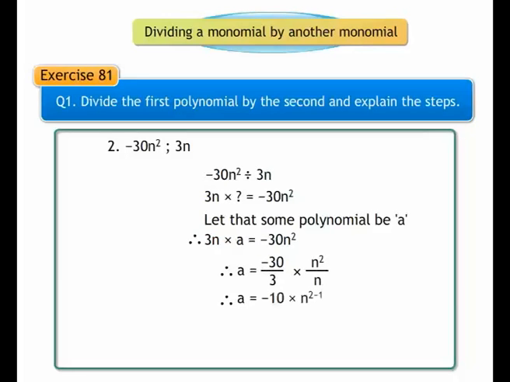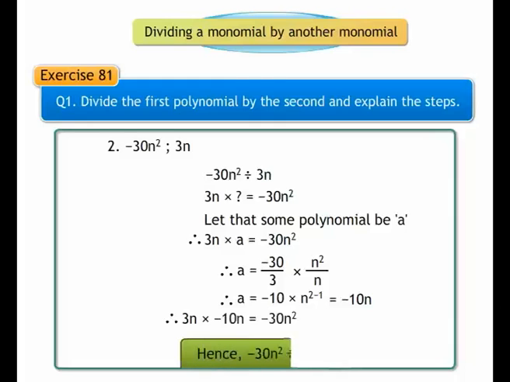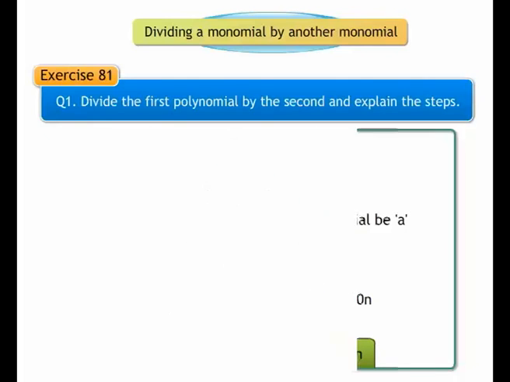Therefore, a is equal to minus 10 multiplied by n raised to 2 minus 1, which is equal to minus 10n. Therefore, 3n into minus 10n is equal to minus 30n square. And hence, minus 30n square divided by 3n is equal to minus 10n.